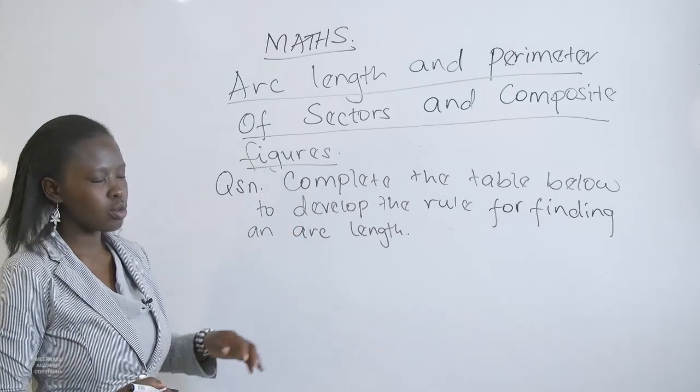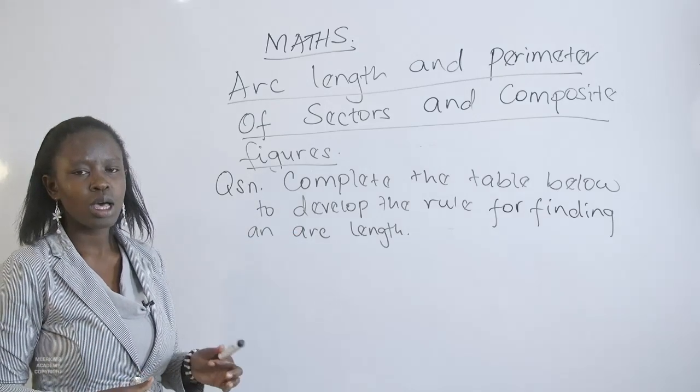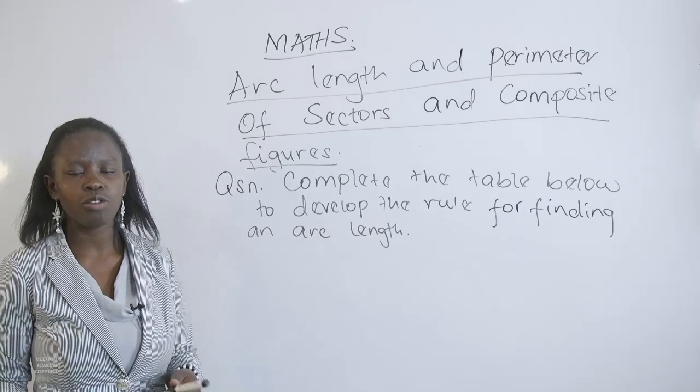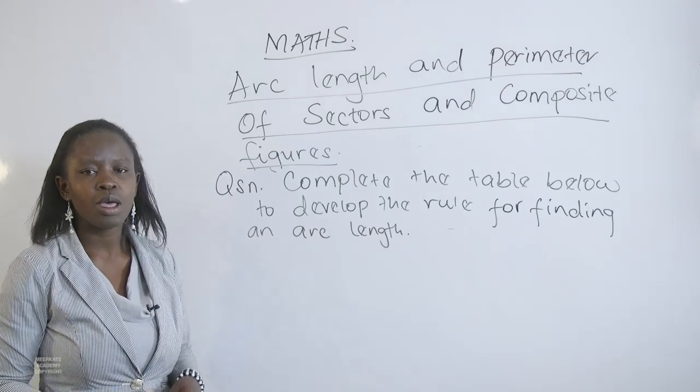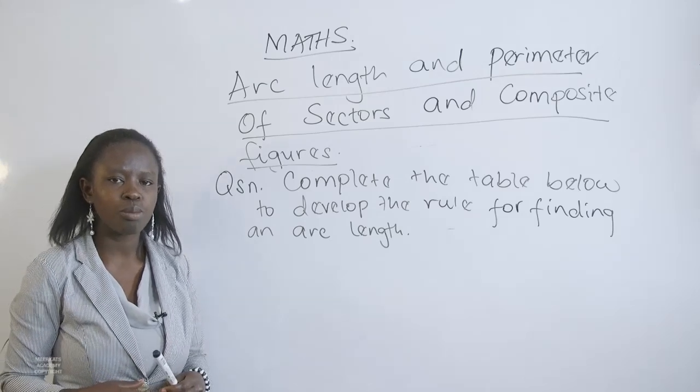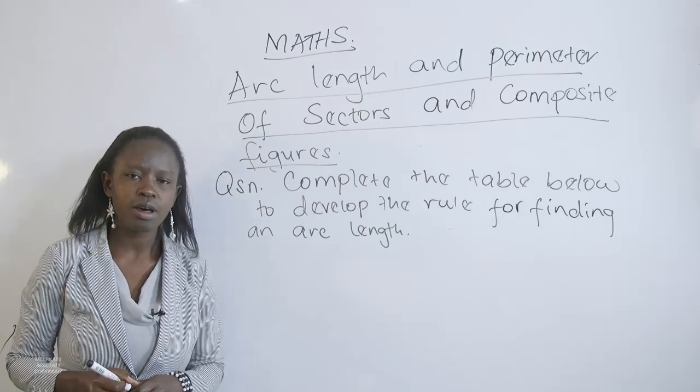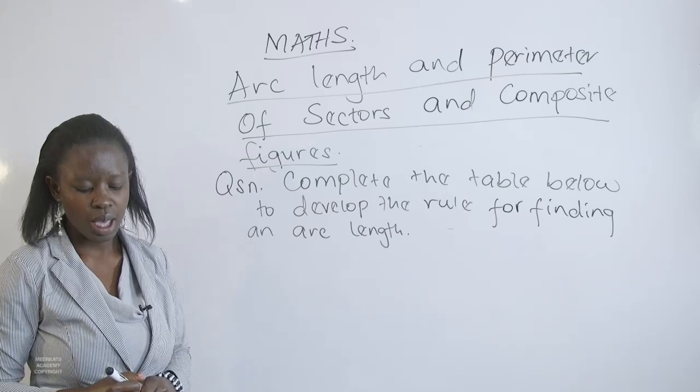So looking at this question, let us find out what fraction is being represented by various angles that will be subtended at the center of the circle by an arc.